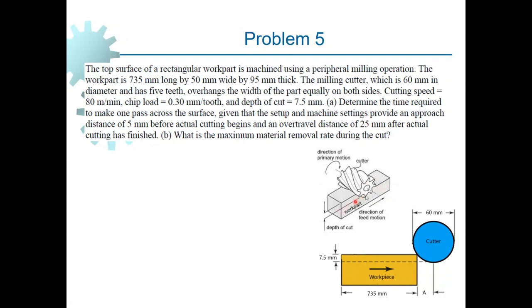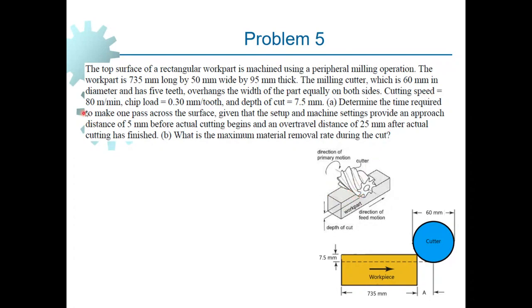However, the operation is the same, showing a peripheral milling operation, and the length of the cutting tool is greater than the width of the workpiece, so it can machine the whole face in one pass.